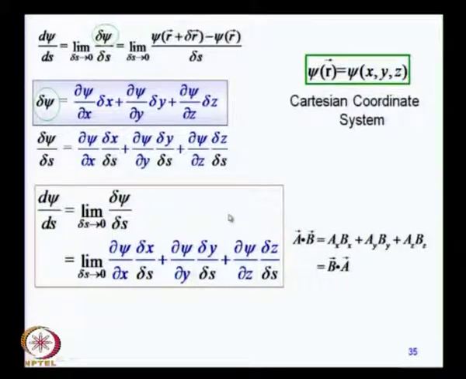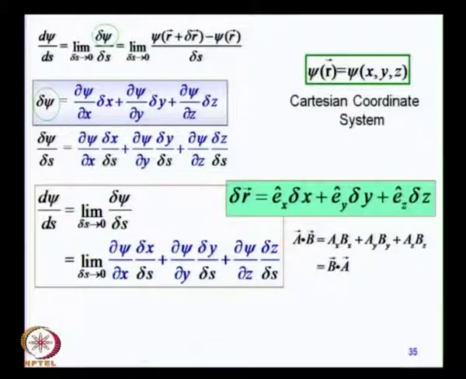The advantage is that in this box we use only calculus derivatives, whereas in this box we use vector algebra. So, these are two different mathematical disciplines, one is vector algebra, the other is differential calculus, and if we can use the two together to our benefit, we will find that we get a tremendous handle on analyzing the relationships between potentials and fields. Okay. So, let us see how it is done.